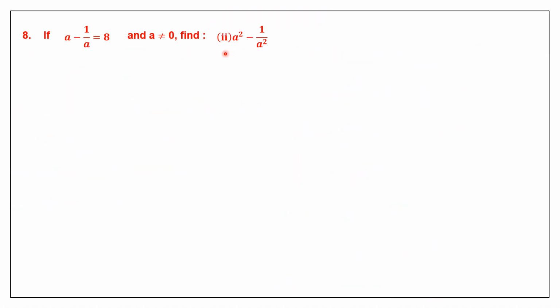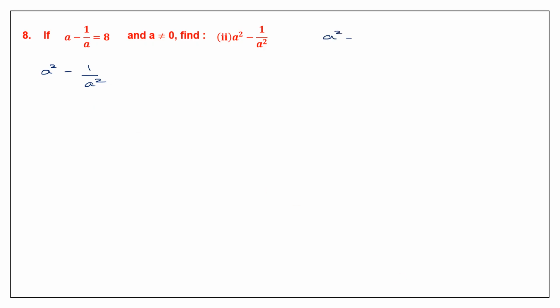Question 8, the second part: we need to find a square minus 1 by a square. Now let's consider this expression itself, that is a square minus 1 by a square. Here we can take this as a square minus b square, because this whole thing can be squared and we'll still get back the same thing, 1 square by a square. So we can take this as a square minus b square and apply this identity.